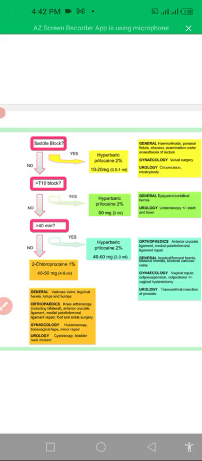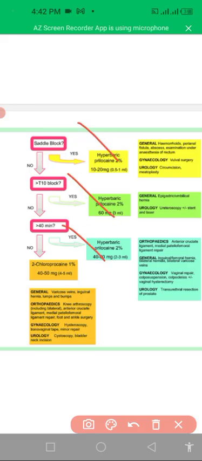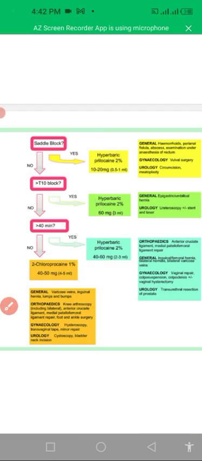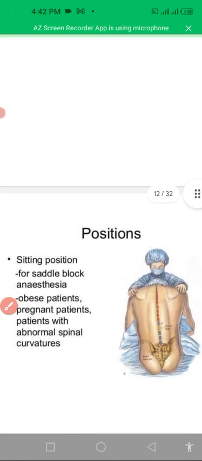So we are comparing the density to CSF. Those drugs which have more density, meaning hyperbaric, will settle down, and those drugs which have less baricity will go upward. So in this way we perform the anesthesia by comparing the baricity: hyperbaric, hypobaric, isobaric. So this is very important, which we will be discussing in different slides.